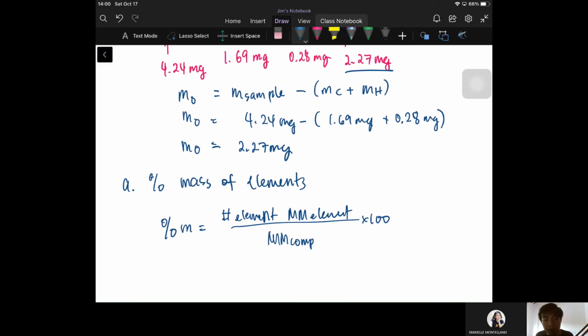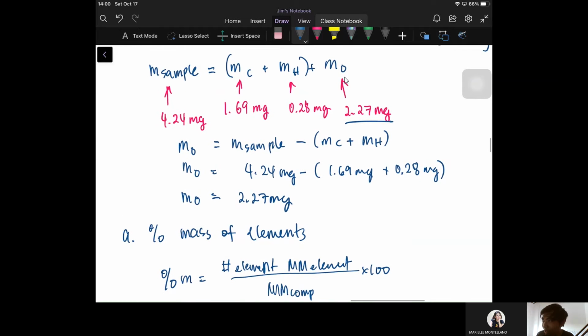Another way to solve for the percent mass is the mass of the element divided by the mass of your sample times 100. Mas madali ito. Kasi bakit? We have elements na dito, no? So, ito na yung mga elements natin. Ito na yung kanilang masses.